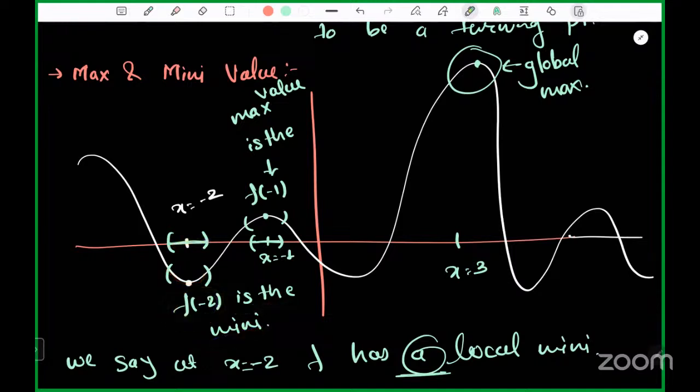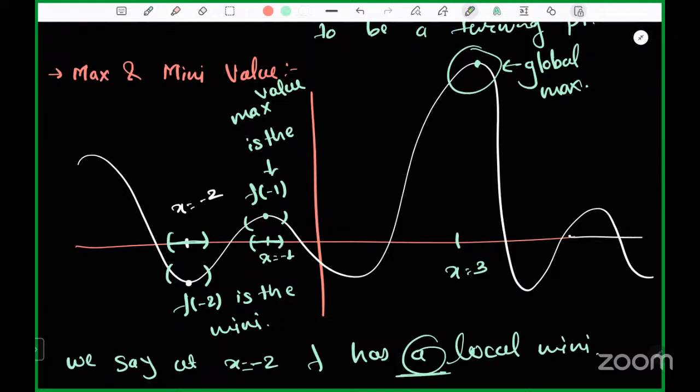Such points are known as local minima. Similarly, if you consider the point x equals minus 1, and a small neighborhood around it, then f of minus 1 is the maximum value. So this point is known as a local maximum.